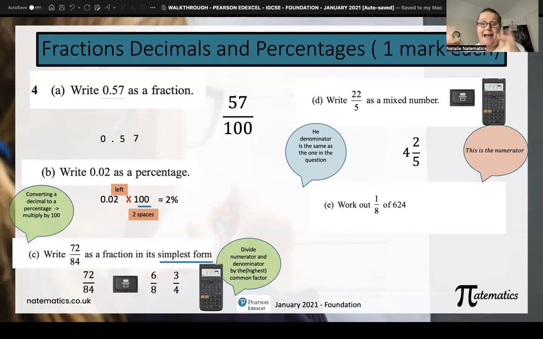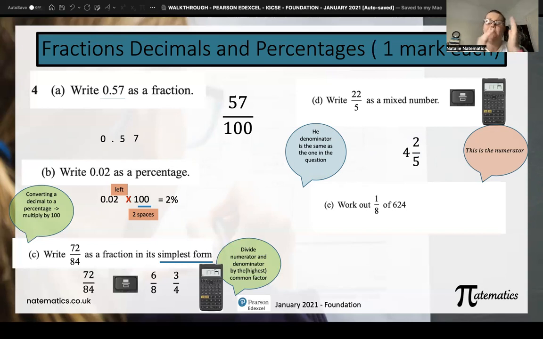Now, I can see that I hadn't done the last question on this, so I'm just going to talk over it now. It says, work out 1/8 of 624. Again, it is a calculator paper, so use your calculator, and it would be 1 divided by 8, and then of means times. So whenever you see that word of in maths, replace it with a times.